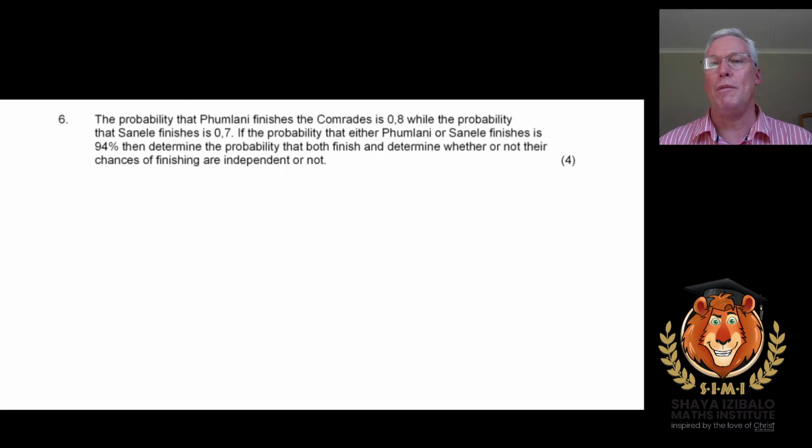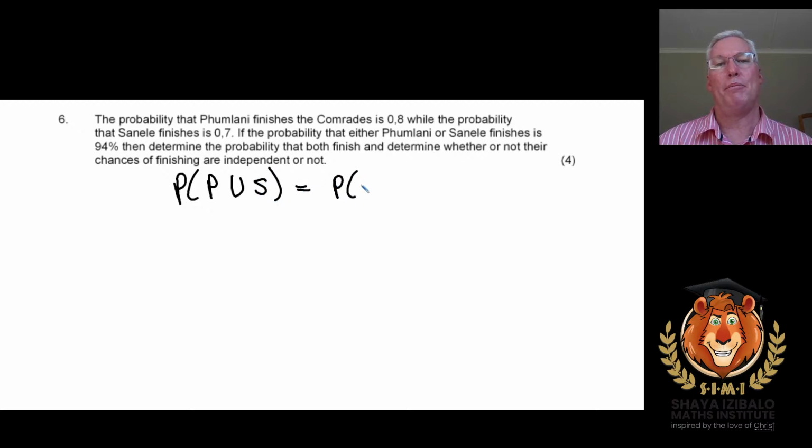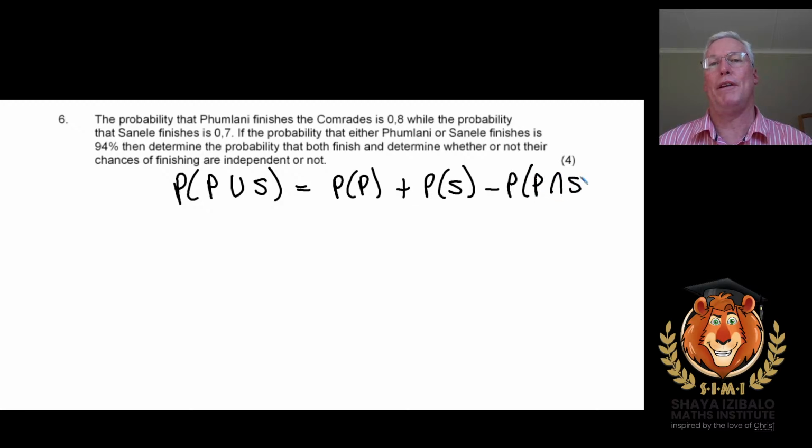Right, now we've got a formula for or. So the probability that Pumlani finishes or Sanele finishes, that's going to be the probability that Pumlani finishes plus the probability that Sanele finishes minus the probability that Pumlani and Sanele both finish. Okay, now we are told that this is 0.94, 94%.